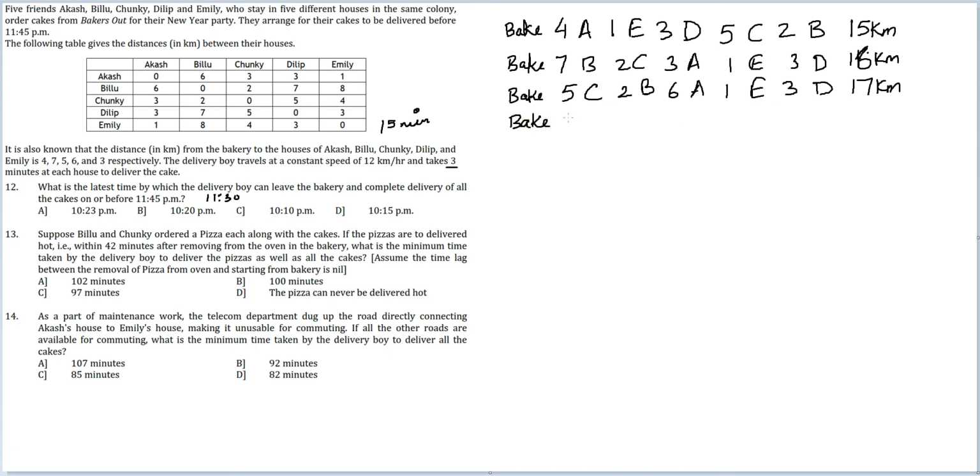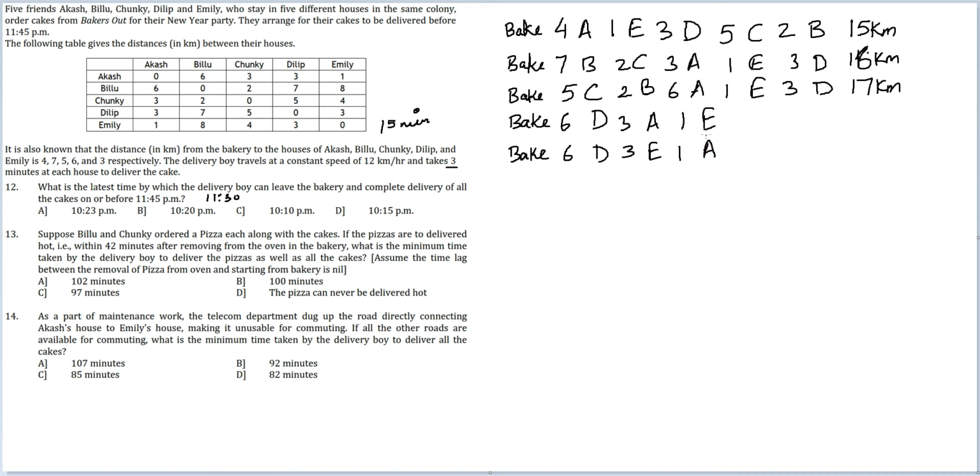Then let's make it for bakery, 6, to Dilip's house. After reaching Dilip's house, you can go to Akash's house or Emily's house, so you would have to make two cases here. Bakery 6, Dilip to Akash, Dilip to Emily, both cases 3. Next house should be Emily, which is 1. From Emily, next house should be Akash, which is 1.